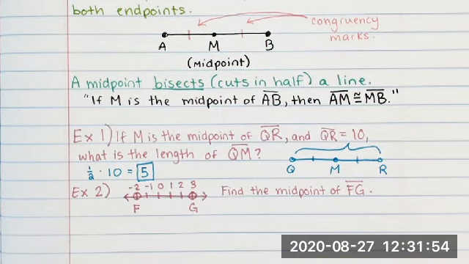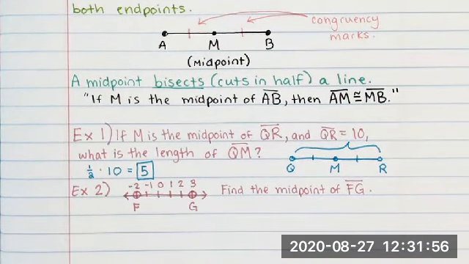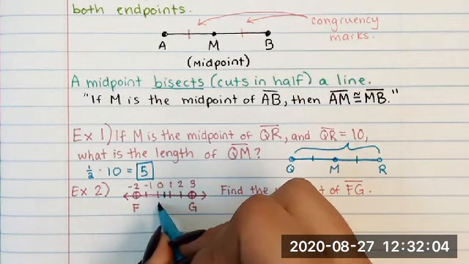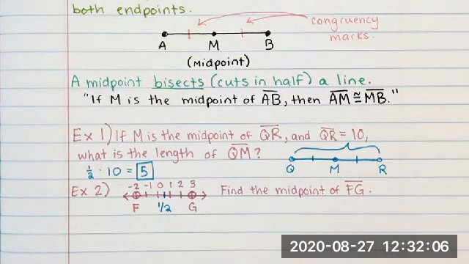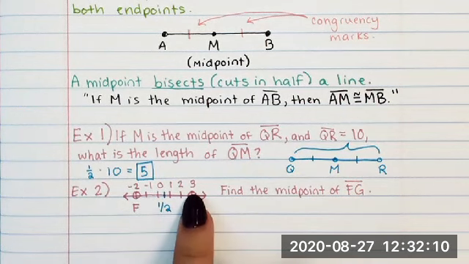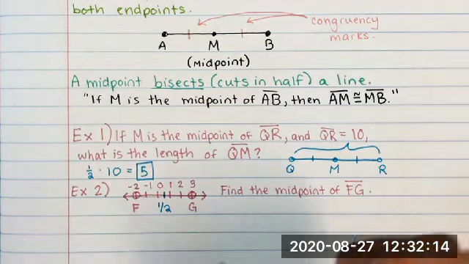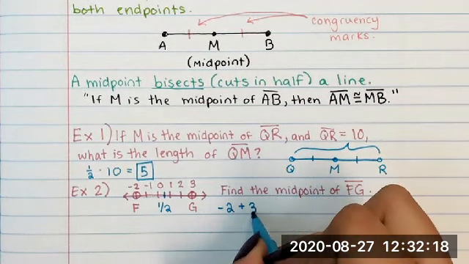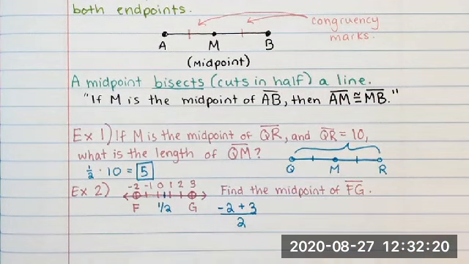But what if you're not given a picture? If you're given a picture, it's fantastic, and you can count it out and find the 1/2 that way. But if you don't, then you add the 2 points together and divide by 2. Essentially, you take an average. So -2 plus 3 divided by 2.